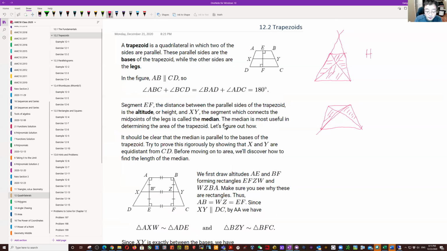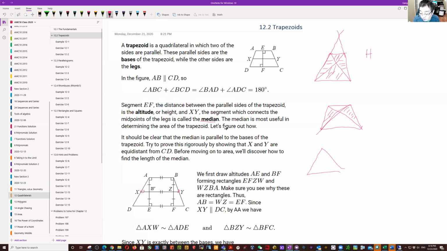If you connect the middle points of the legs, it's called the median, and it's also called the mid segment. For a trapezoid, the median and the mid segment are the same thing. But for triangles, the median and the mid segment are not the same.